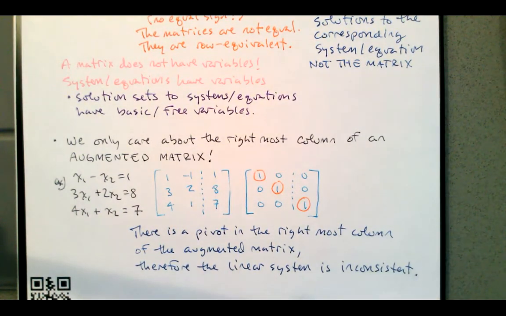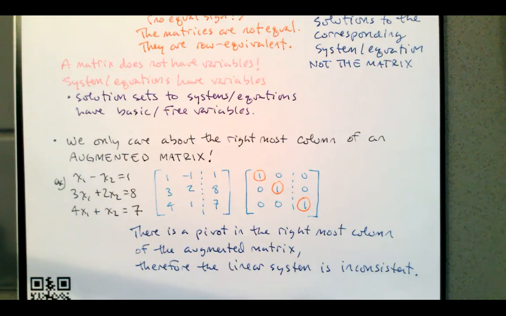Two things going on here. First of all, if you invoke the rightmost column, you have to say "of the augmented matrix," because that's the only time we care about the rightmost column, and specifically calling it out as a rightmost column. The second thing that we want to point out is that it's the linear system that's inconsistent, not the matrix.